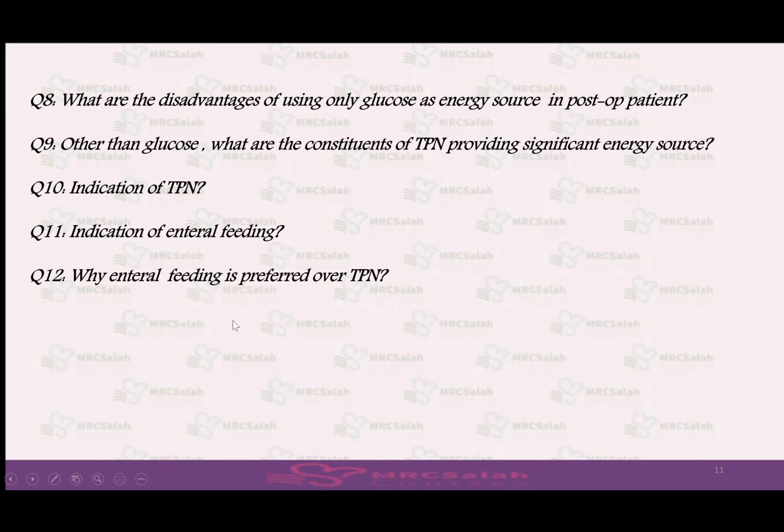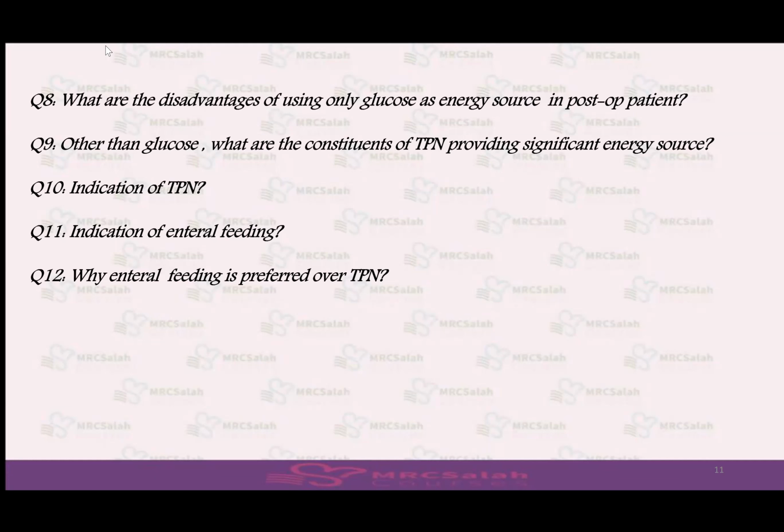Why is enteral feeding preferred over TPN? Well, enteral feeding is good for mucosal integrity, while TPN is usually associated with mucosal atrophy. Also, I think the risk of infection with enteral feeding is probably less compared to TPN.